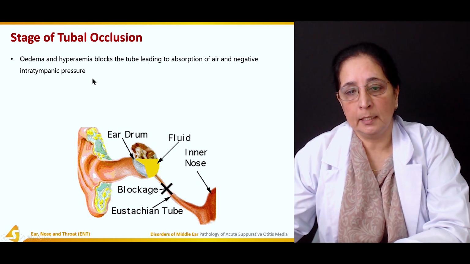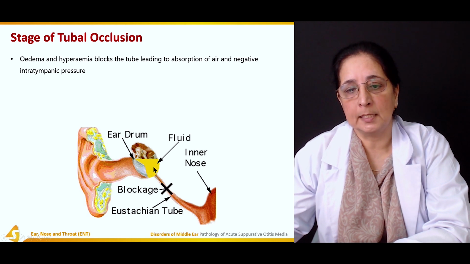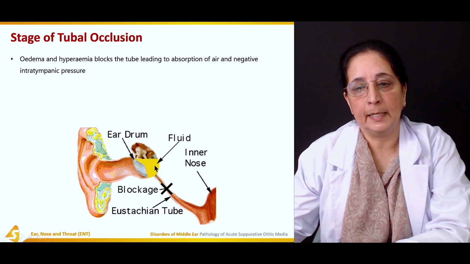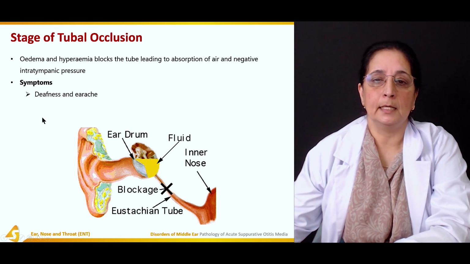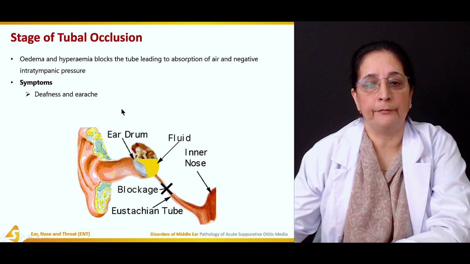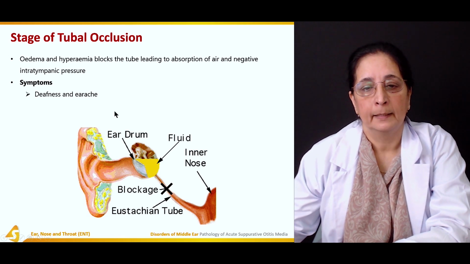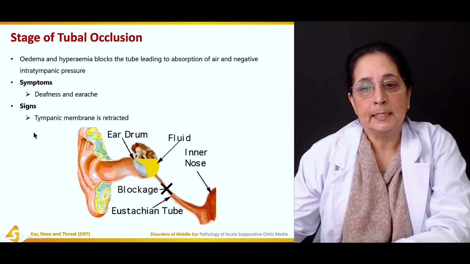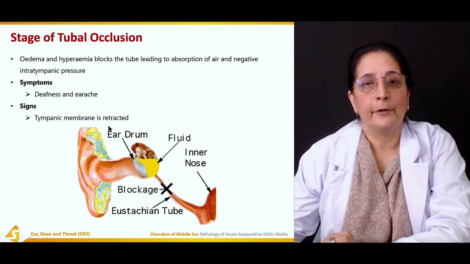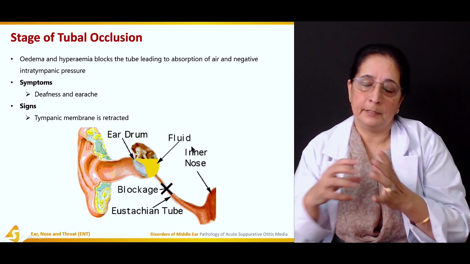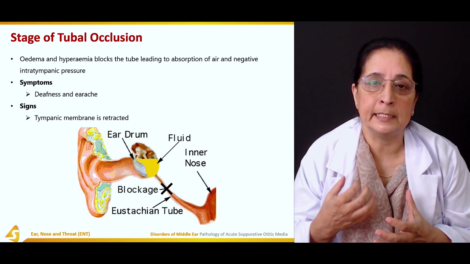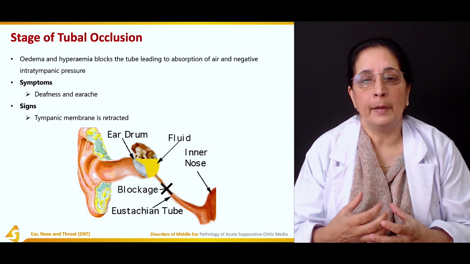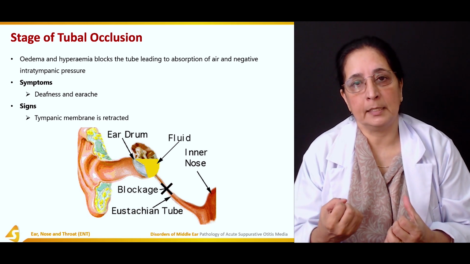This is the eardrum, and this is the presence of fluid in the middle ear. Symptoms of tubal occlusion are deafness and earache. And then signs: the tympanic membrane is retracted. It is pulled back because of that negative pressure in the tympanic cavity.